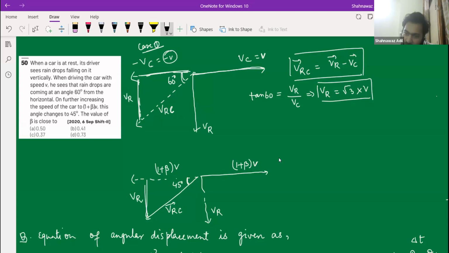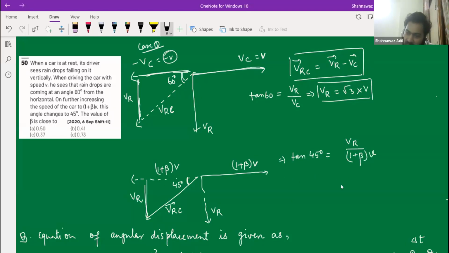So we know that tan of 45 degrees would be perpendicular VR divided by this velocity, whatever the velocity of the car. So 1 plus beta v, right?